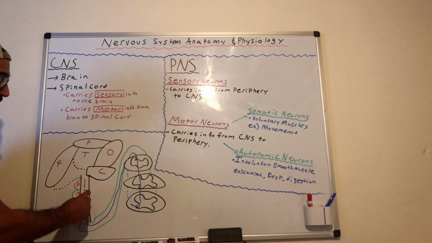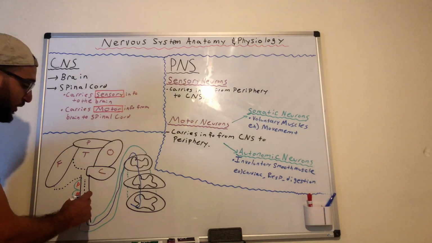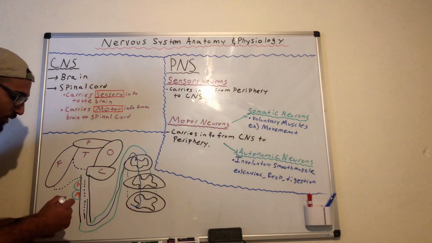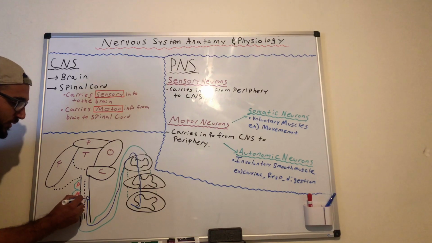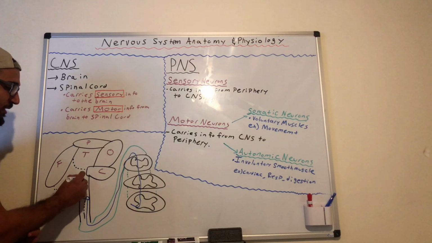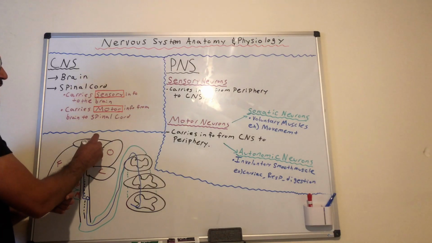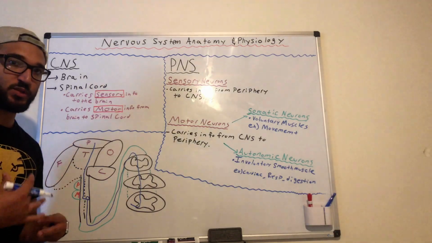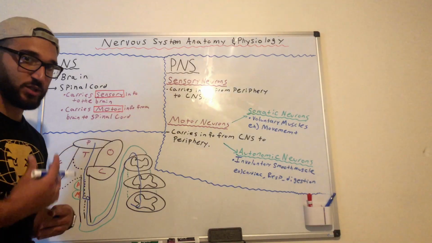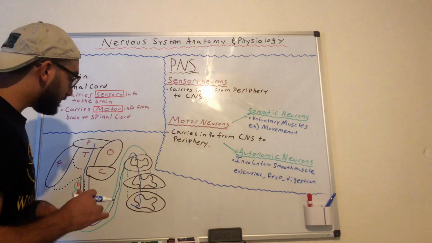As soon as it reaches the medulla, it's going to do something called decussation. It's going to cross over, and then the information is going to be sent to the parietal lobe, where sensory input is registered and discrimination is obtained.